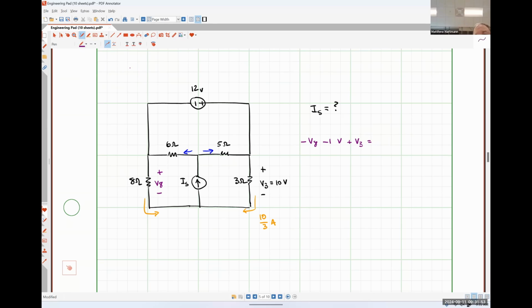I mean, realistically, it would have been okay, but I want the answer to not be 0 here. Let's see, plus 10 volts is equal to 0, which means V8 is equal to negative 2 volts. Sorry about that.